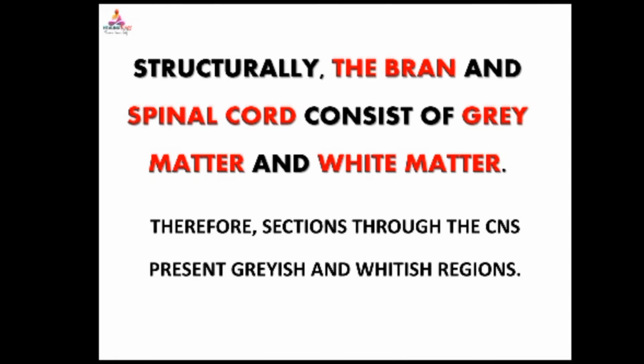Structurally, the brain and spinal cord consist of gray matter and white matter. Therefore, sections through the CNS present grayish and whitish regions.